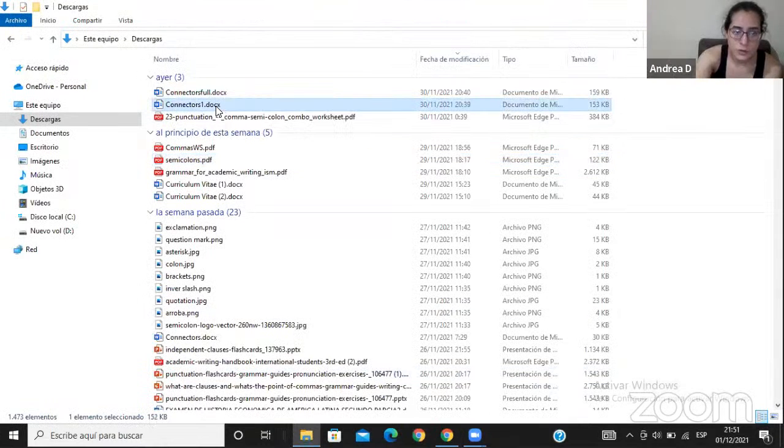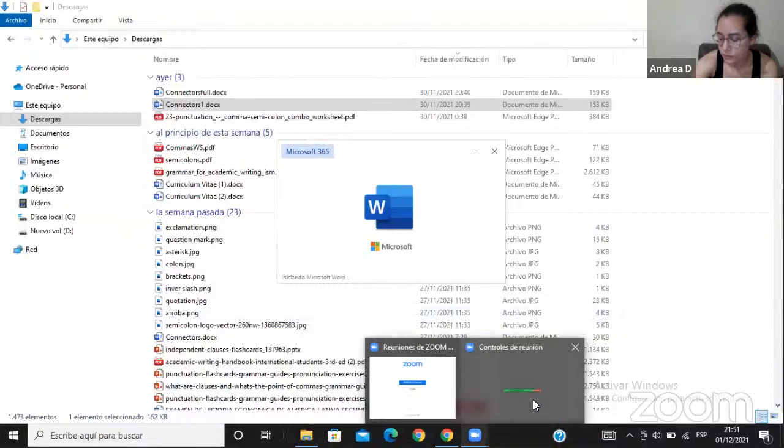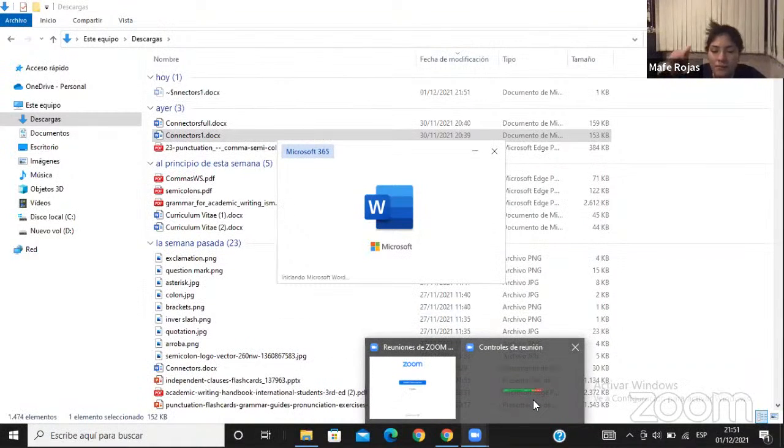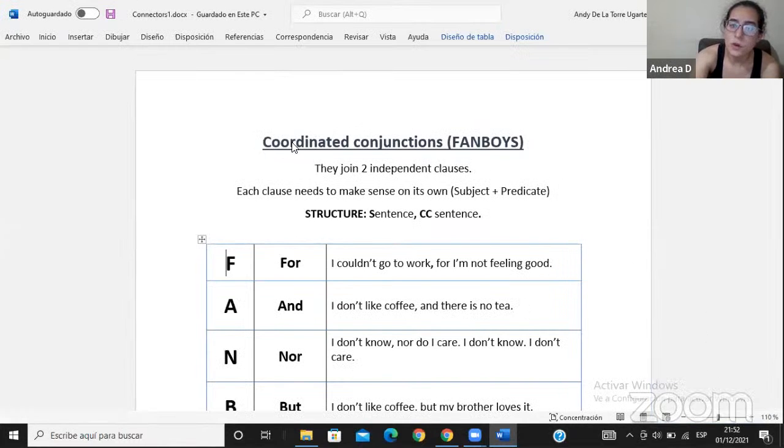So the final thing we need to see is coordinating conjunctions.